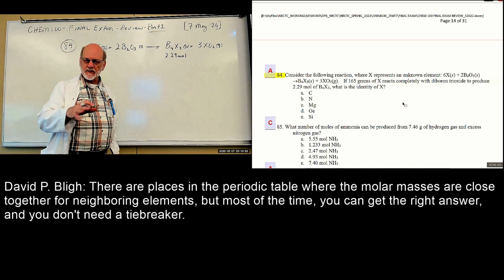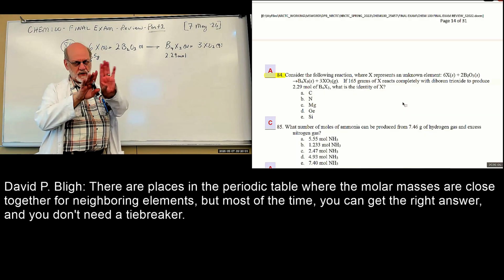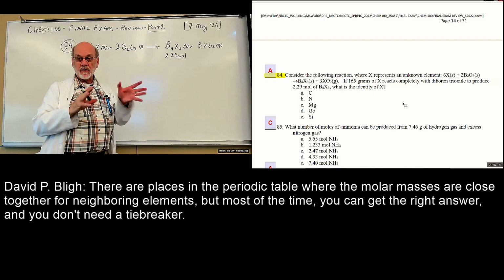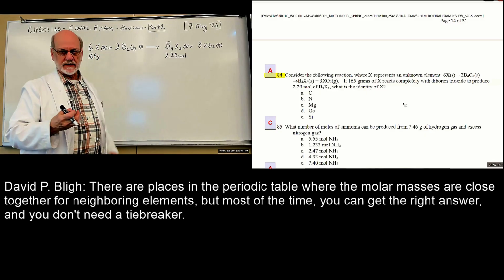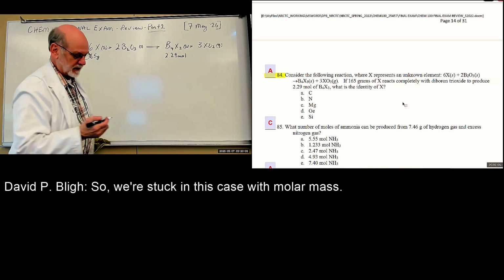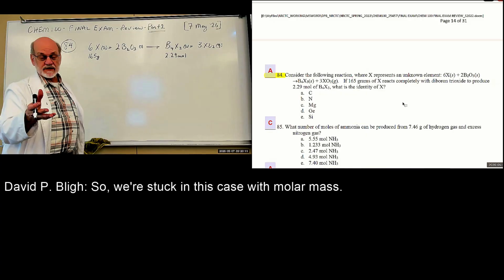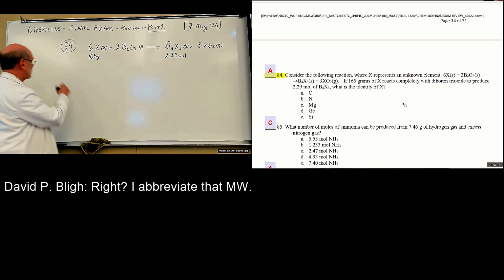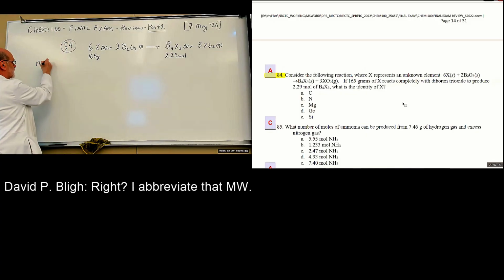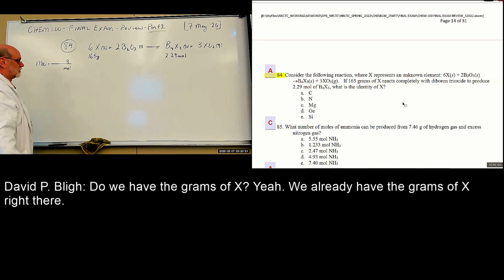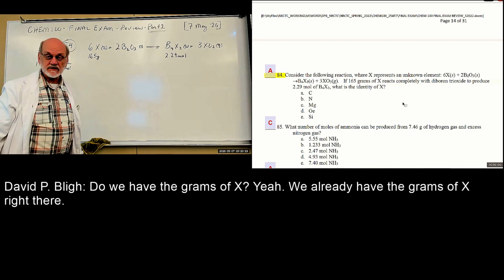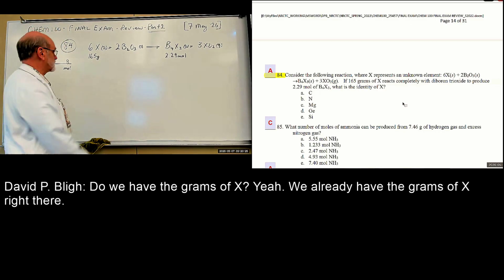There are places in the periodic table where the molar masses are close together for neighboring elements, but most of the time you can get the right answer and you don't need a tiebreaker. So we're stuck in this case with molar mass. I abbreviate that MW. Molar mass means grams per mole. Do we have the grams of X? Yeah, we already have the grams of X right there.